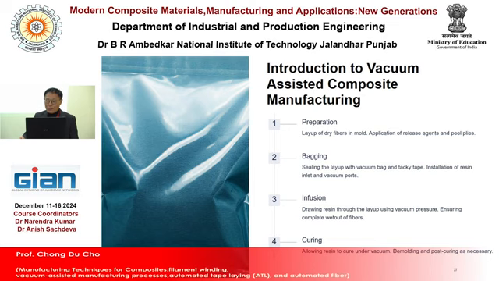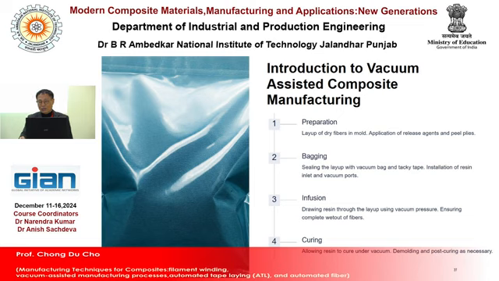And infusion brings resin into the preform. Infusion means drawing resin through the layup using vacuum pressure, and then ensuring complete wetting of the fibers. And the last stage is curing. Curing is heat treatment.